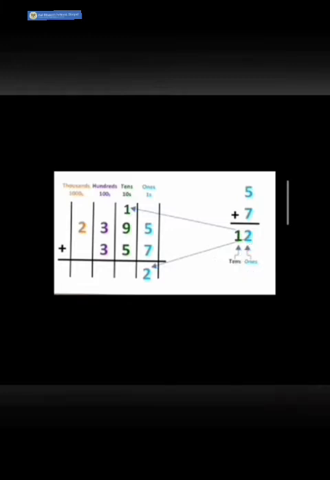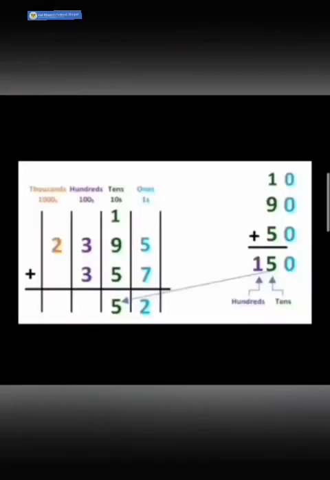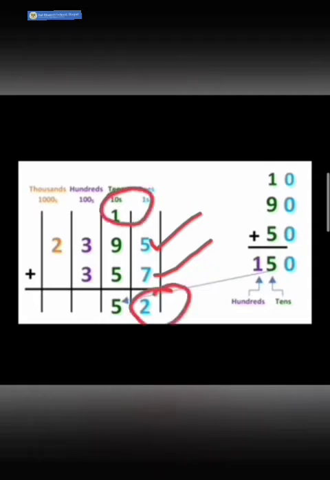So 1 will go as a carryover to the tens place and 2 will be placed under the ones column. Five plus 7 in the ones column has given you 12. 2 remains in the ones column and 1 is the carryover.